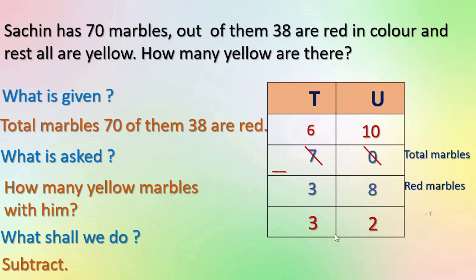So here 32 yellow marbles are there with Sachin. 38 red marbles and 32 yellow marbles together make 70 marbles. That is nothing but the total number of marbles with Sachin. Got this, children? Very simple. Only thing is you have to understand the given sum.